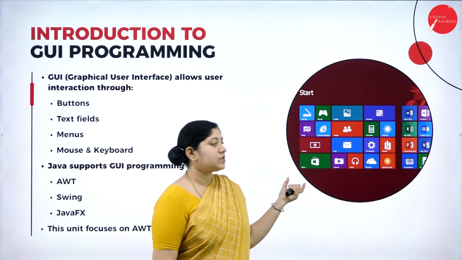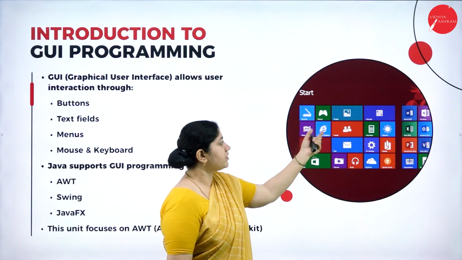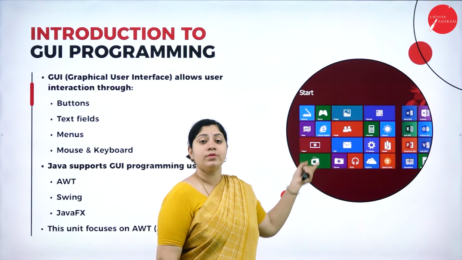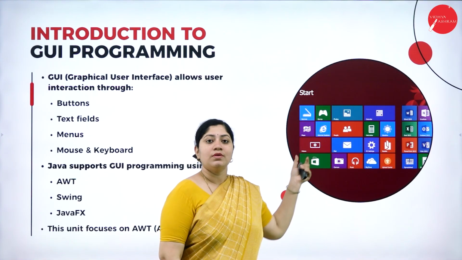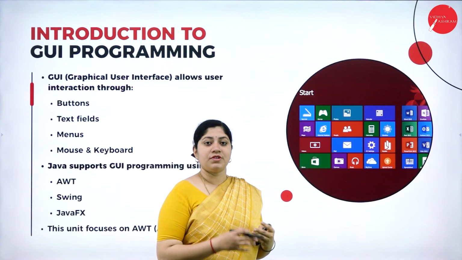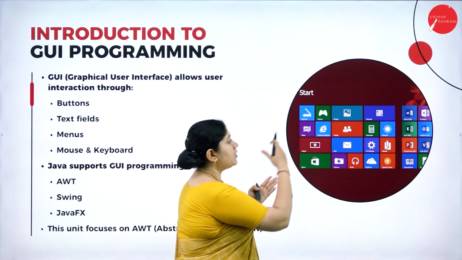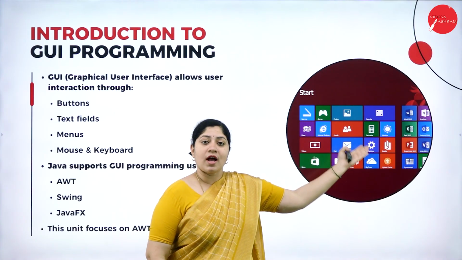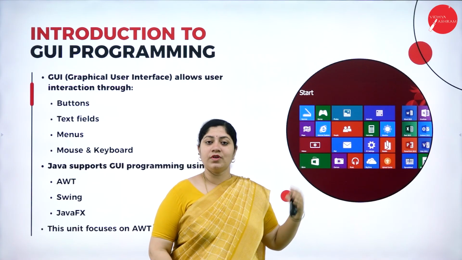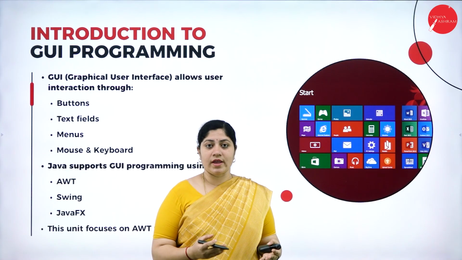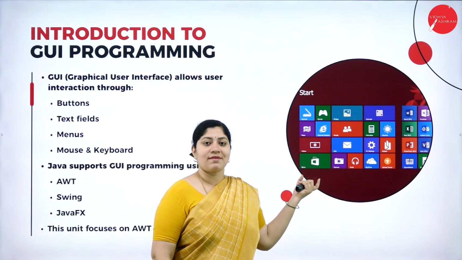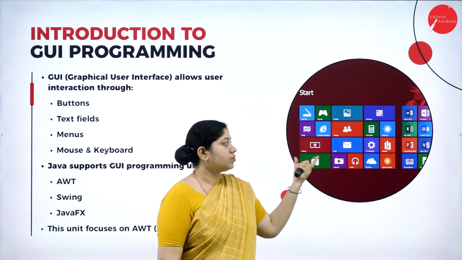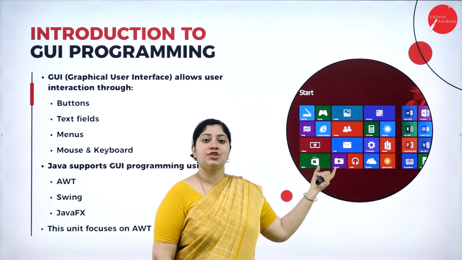So the menus, the icons, the buttons, as well as the text fields all together form a format of interaction between the users. This interface, or the icons all put together, we call it a GUI. That is none other than graphical user interface. So that's nothing but a GUI.